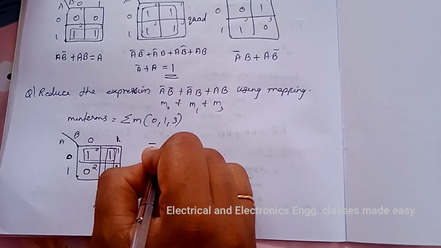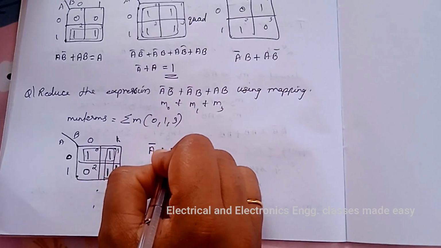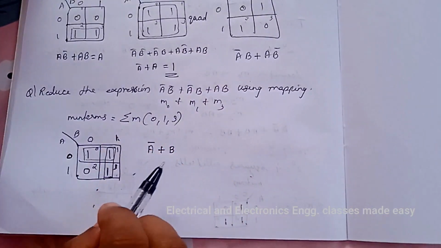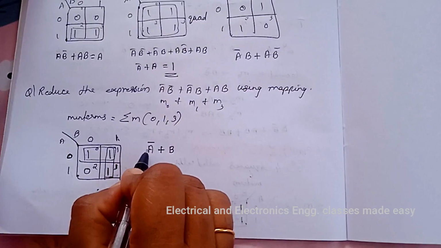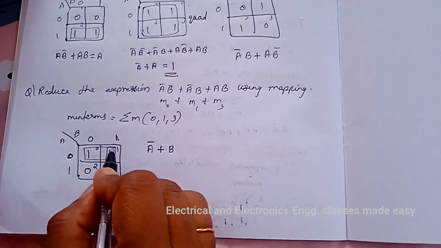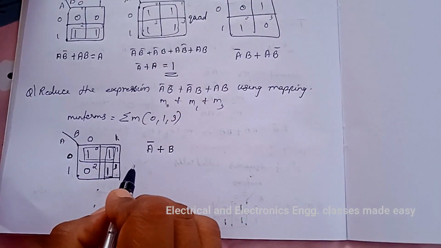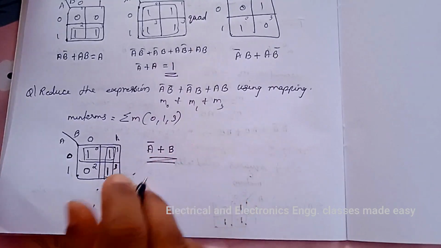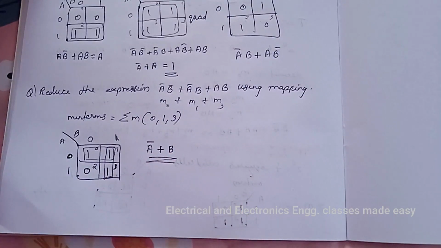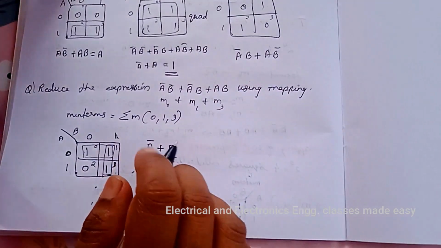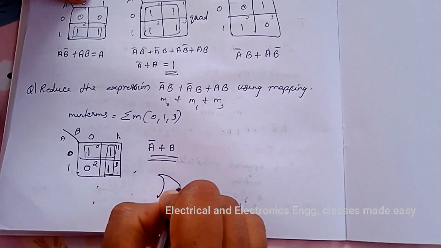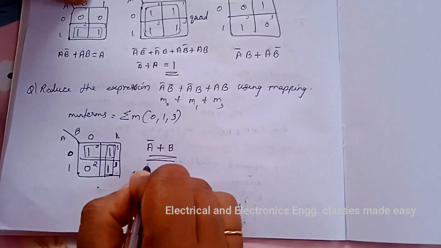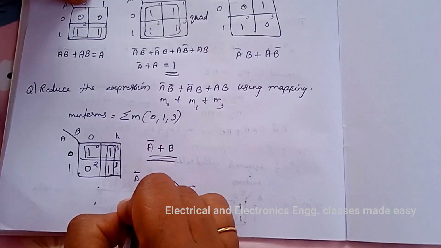So the answer is plus B, because this is an SOP expression. So we can write A bar plus B. This is the reduced expression. And if we want to draw the logic diagram, it is an OR gate, and the inputs are A bar and B.